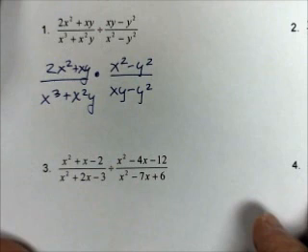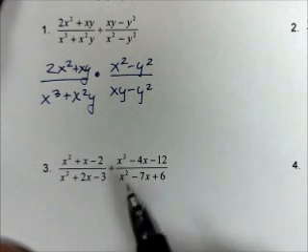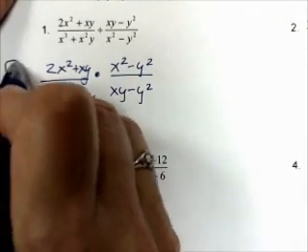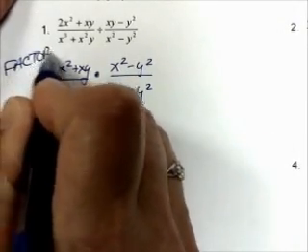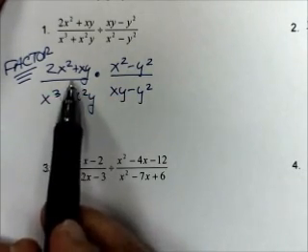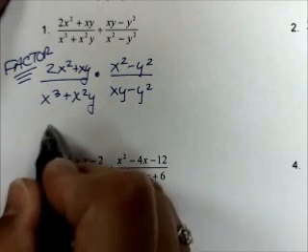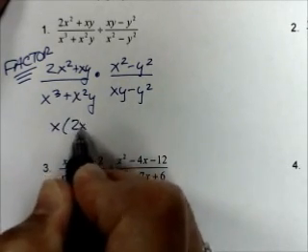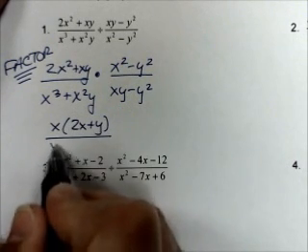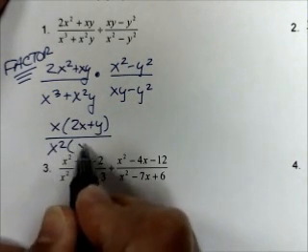Now we have a multiplication problem, so proceed as if it's multiplication. Factor numerators and denominators. Again, you're always going to factor first. The first numerator has a GCF of x: x times 2x plus y, and the denominator has a GCF of x squared.